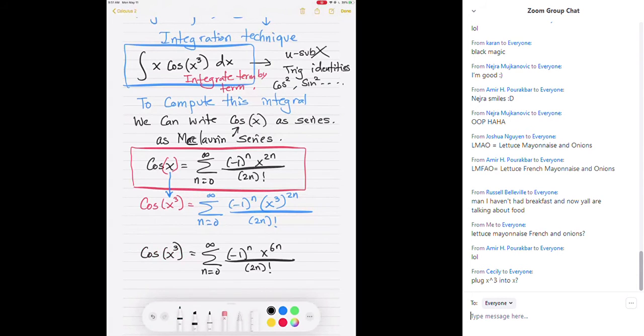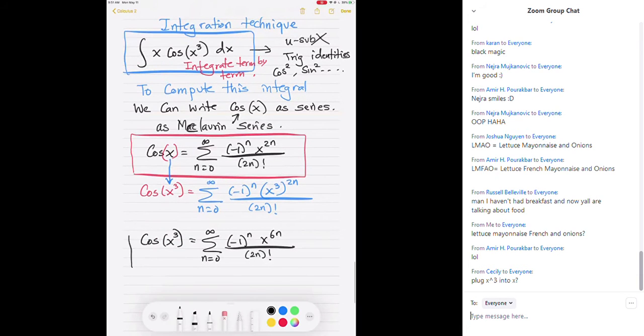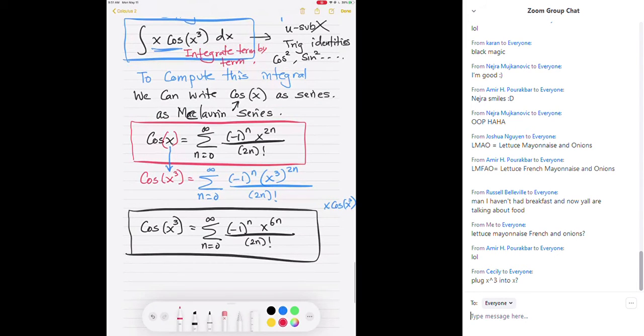So far, so good. But remember, we wanted x. So what should I do? I want x times cosine of x cubed. Just throw the x in front of the sum. So multiply both sides by x.